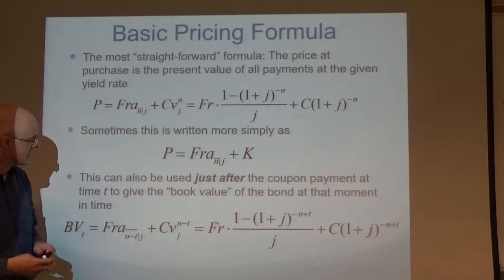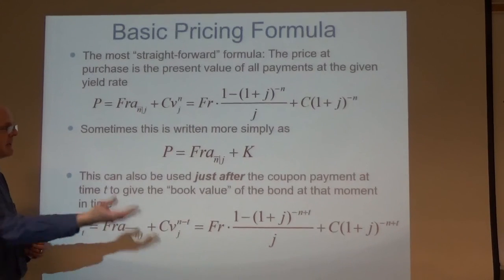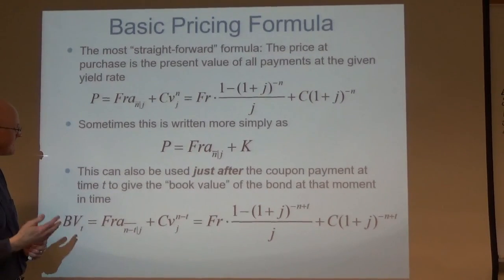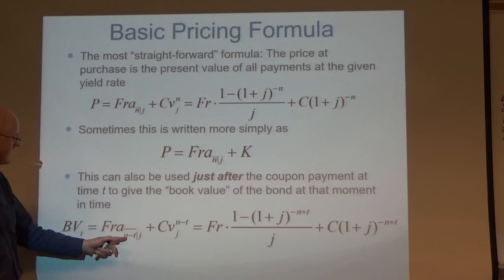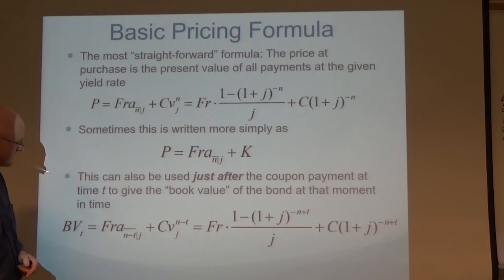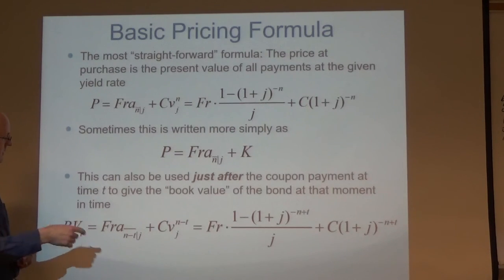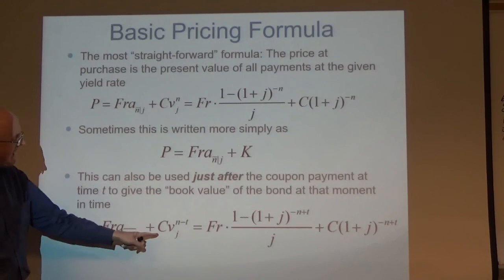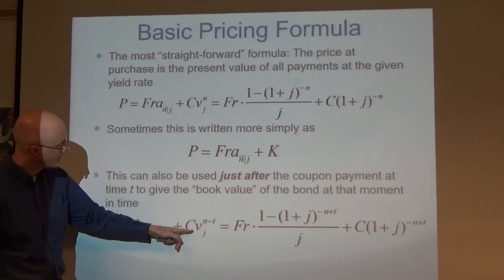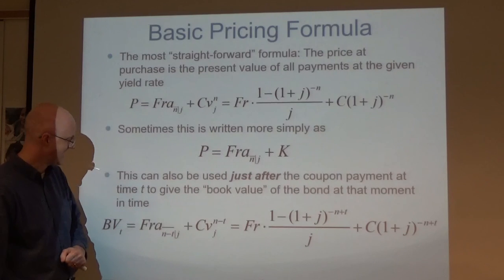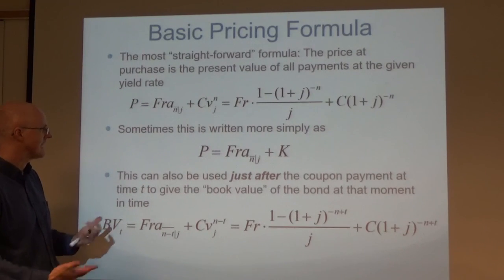So this is essentially thinking about the present value of remaining payments at time t, right after that last coupon payment at that time. You've got n minus t future payments left. So this is the present value of the annuity immediate from the coupons, and this is still the present value at time t of the redemption value at time n. It's called the book value at time t. Essentially, it's the same formula.